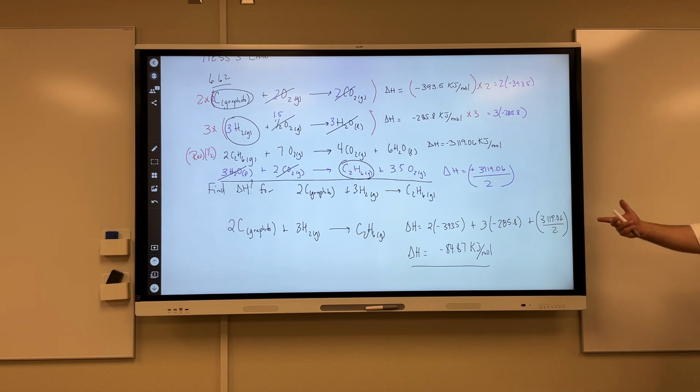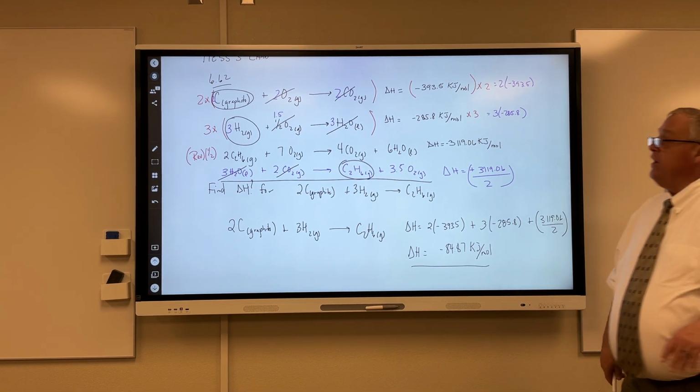Okay, so that's probably the simplest problem you're going to work, one of these Hess's law problems, and all you're doing is just rearranging your equations. It takes a little bit of practice, but you don't have to figure out which equation you're going to plug into. You just rearrange your equations.